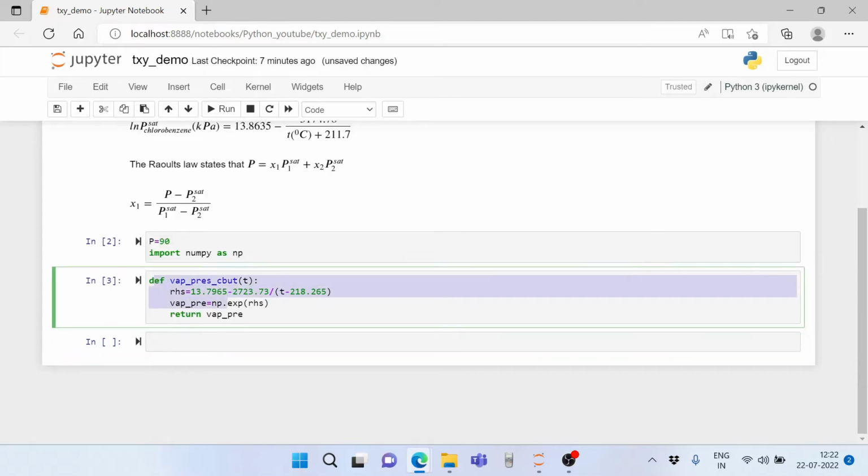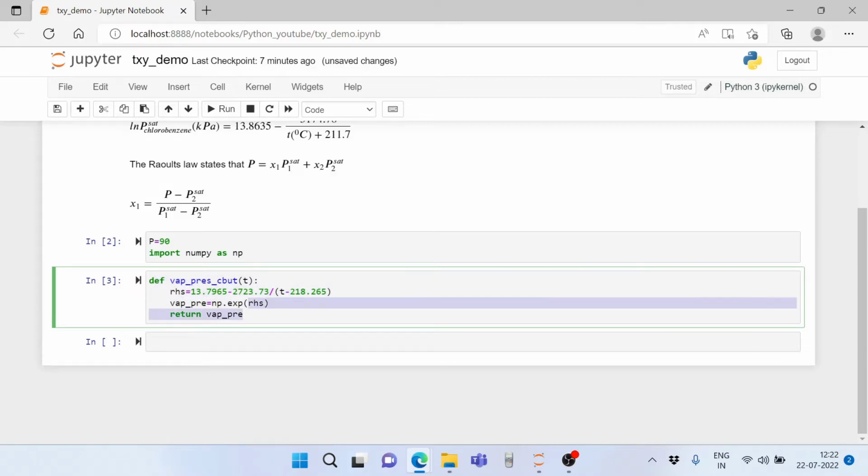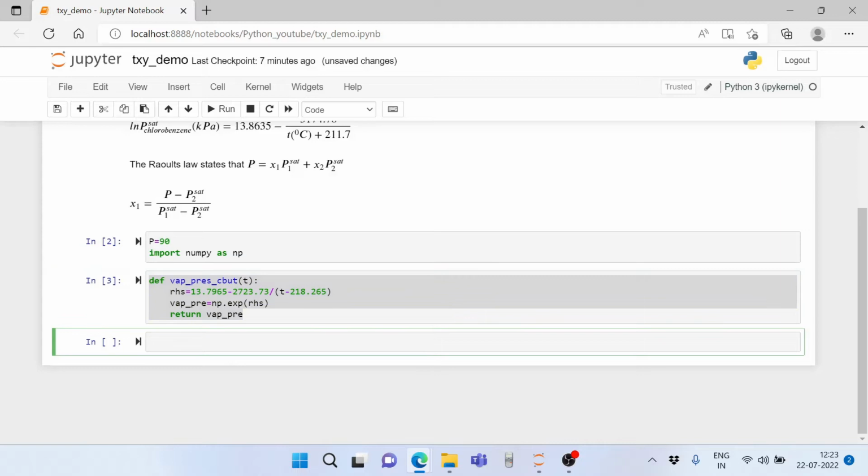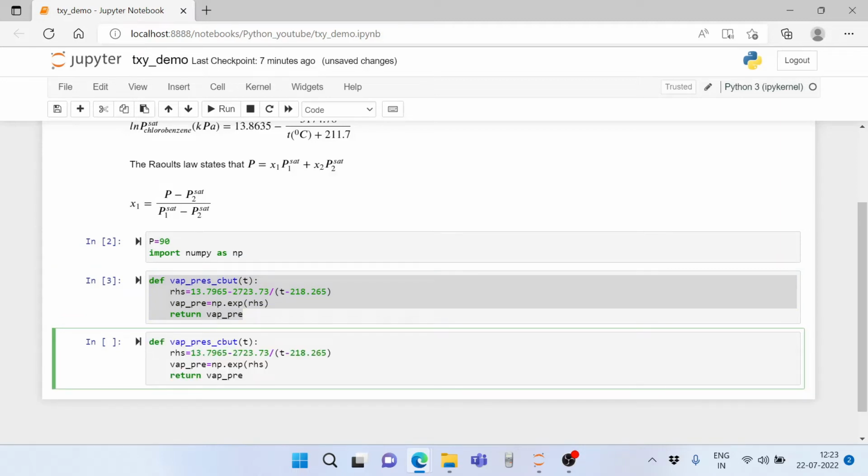Similarly, we should be writing a model for chlorobenzene too. So let's copy this and paste it here, and we rename this as BEN and change the constants.